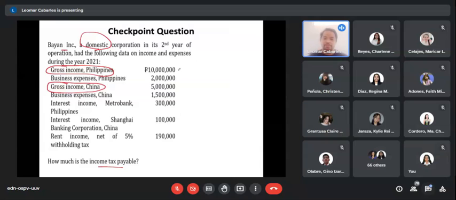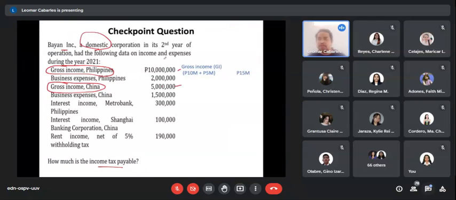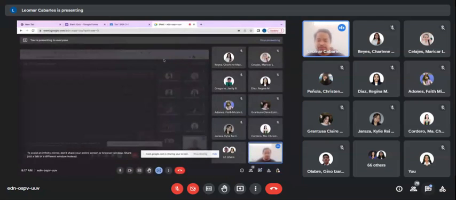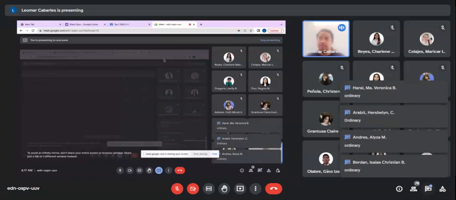Okay, so that's 10 million and 5 million. So the total gross income is 15 million. By the way, since the problem is silent, what kind of domestic corporation is this? Ordinary or special? So this ordinary. Dalawa lang naman yung special, di ba?